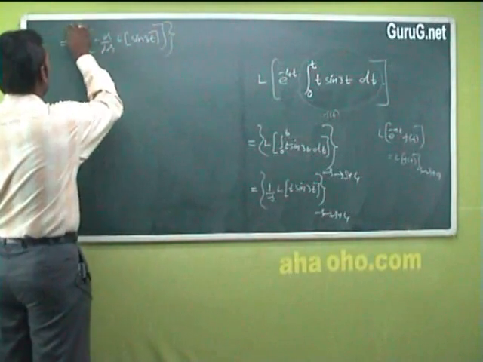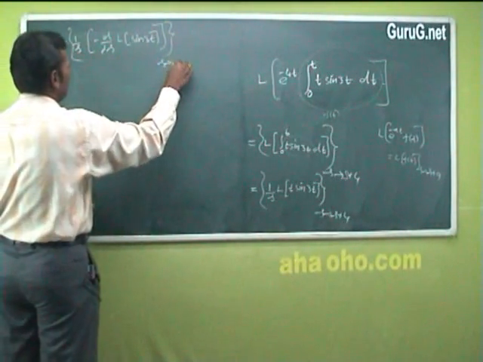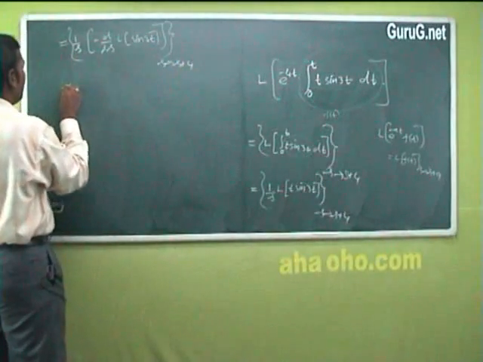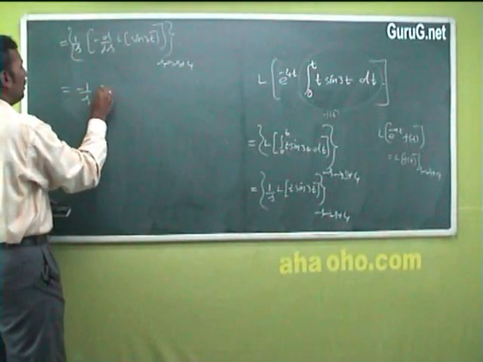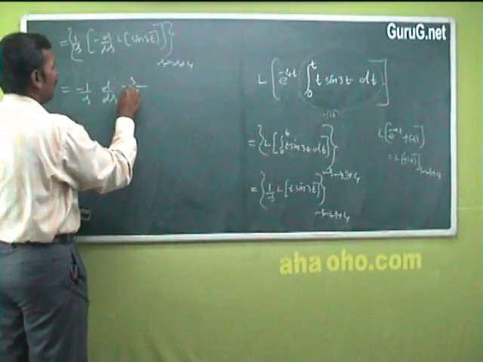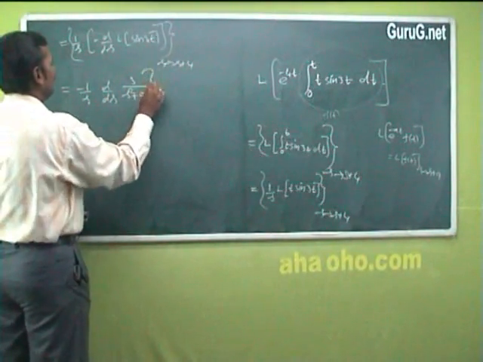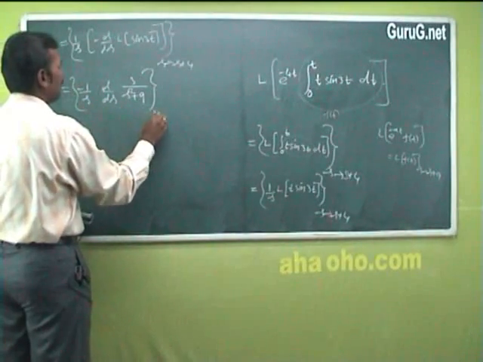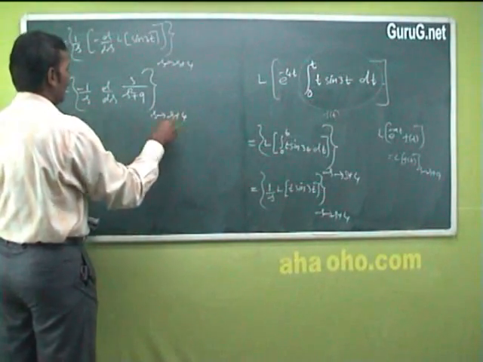Then s is replaced by s plus 4. So minus 1 by s d by ds of 3 by s squared plus 9. S is replaced by s plus 4.